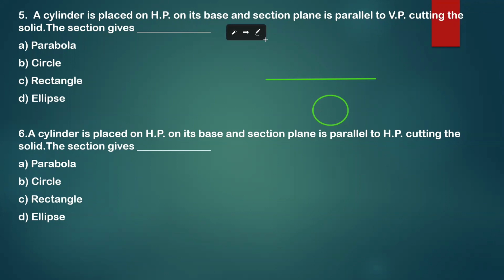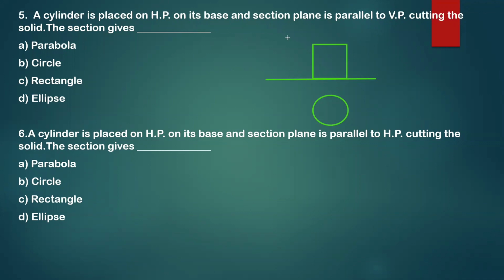As it is a cylinder, its front view will be a rectangle. So like this, in this way we'll get its front view and the top view.